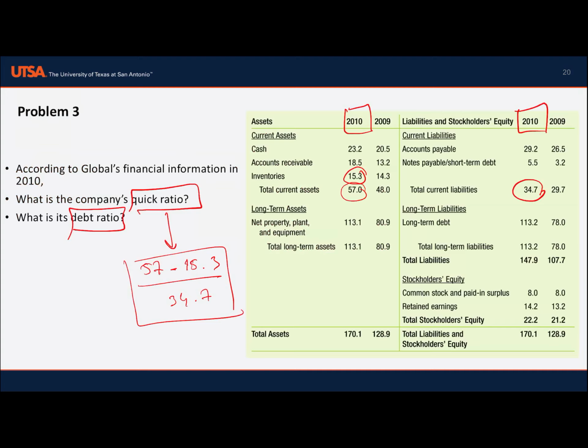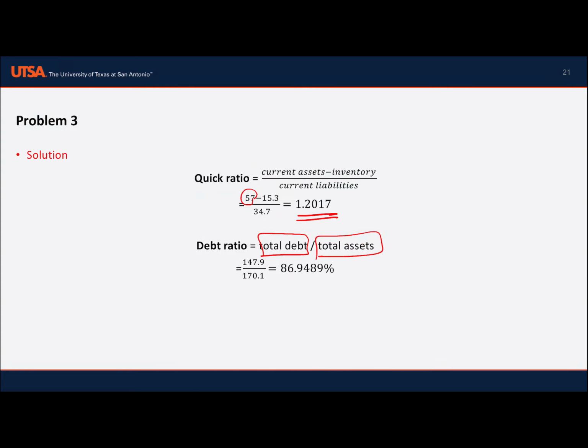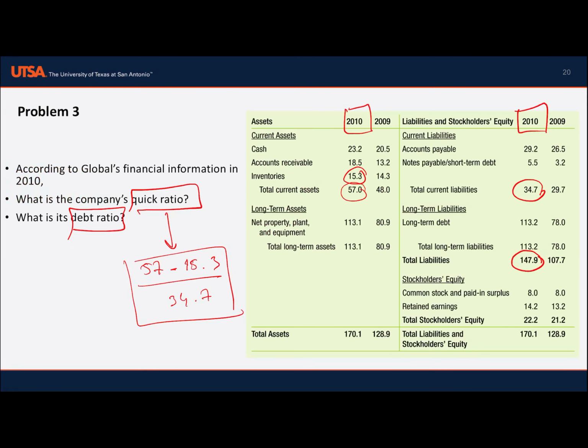When you go to 2010, the total debt is total liabilities, 147.9, divided by total assets, which is 170.1.